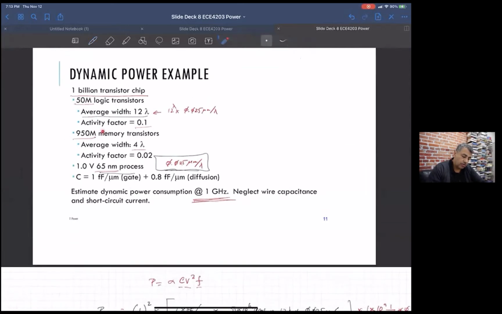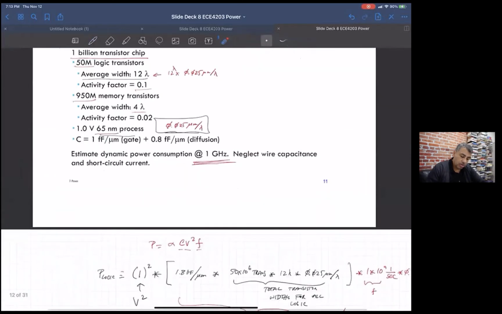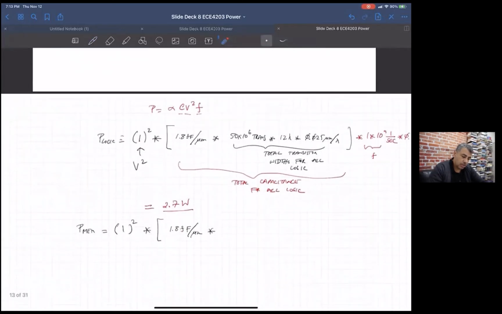We have 950 million memory transistors, but each one is smaller. So we plug in 950 million transistors times, these were given as 4 lambda on average as a width, and lambda is still 0.025 micron per lambda.